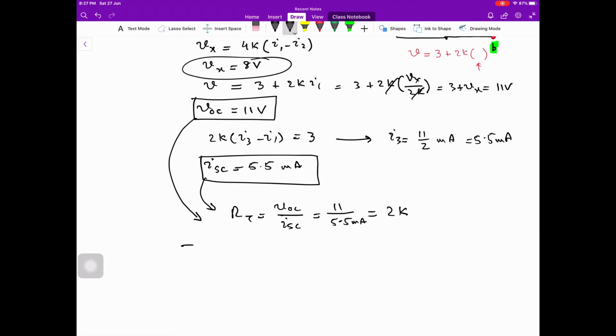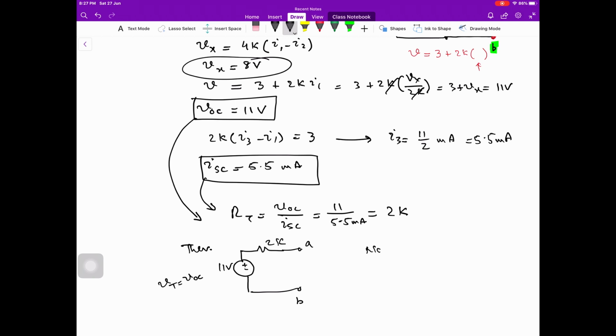Now, what is the Thevenin equivalent? What is the Thevenin voltage? VT is V open circuit, which is 11 volt over here, and this is 2K. This is our Thevenin equivalent.